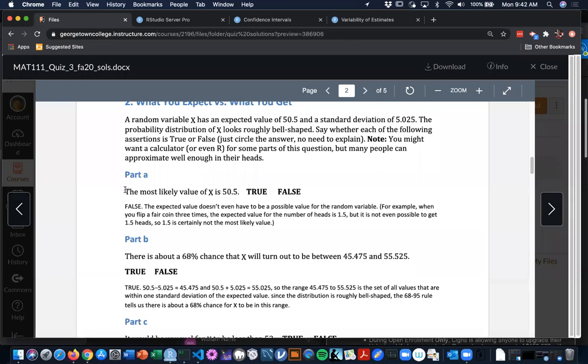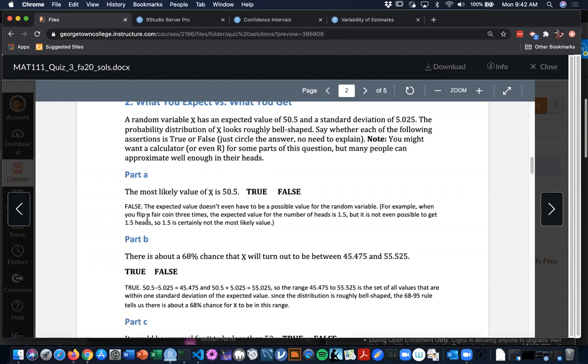So the first part: does the most likely value of X have to be 50.5, the expected value? False, because we've seen examples where the expected value isn't even a possible value for the random variable. How can we conclude that for this random variable, 50.5 is the most likely one?